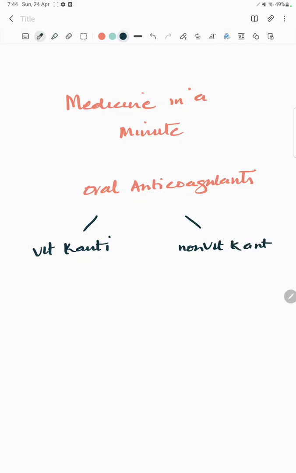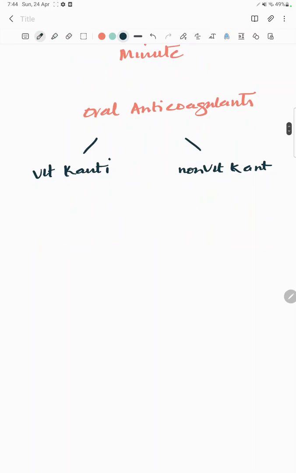The vitamin K antagonist we have is the old and the tested one, which has been going on for years and years, Warfarin. And the non-vitamin K antagonists include direct thrombin inhibitors and factor 10A inhibitors.